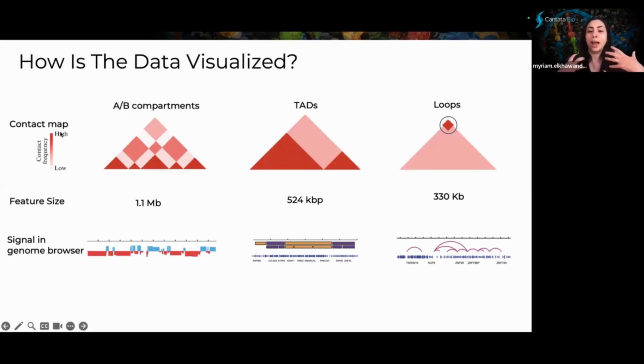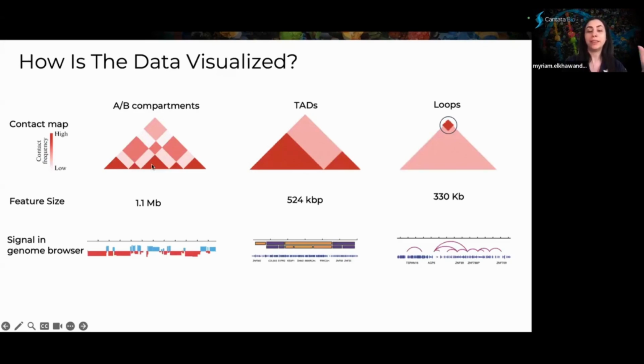The contact map allows you to visualize the interactions that are happening, captured with different color intensity. The more frequent those interactions are, the higher the intensity of the color you see. So these two domains don't interact with each other that much, so they belong to different compartments, while this domain and this domain interact with each other more frequently.